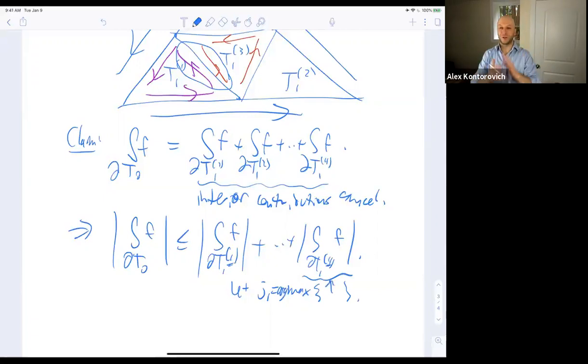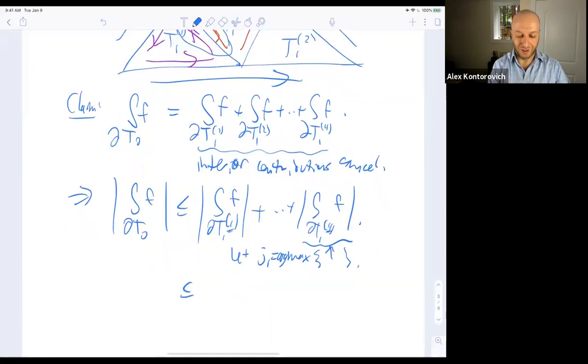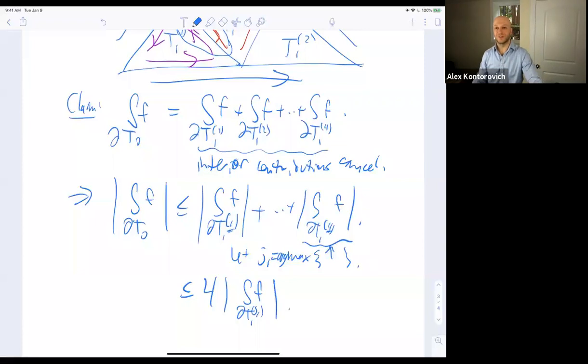It has the largest contribution in absolute value. So this integral is dominated by 4 times whoever was the worst one. Boundary T1, J1. I don't know which one's the worst, but whoever's the worst, it's 4 times that.